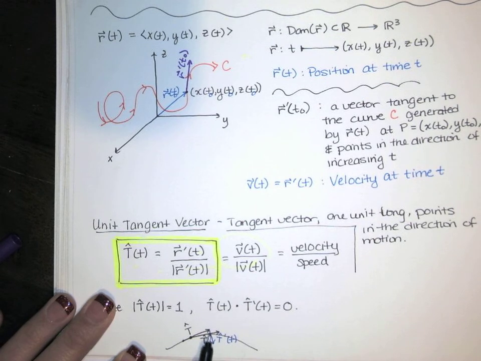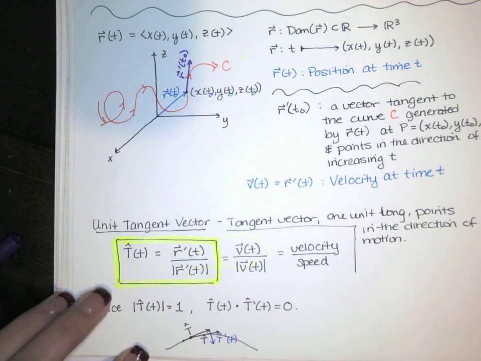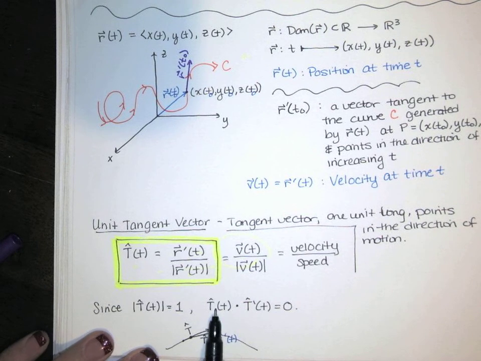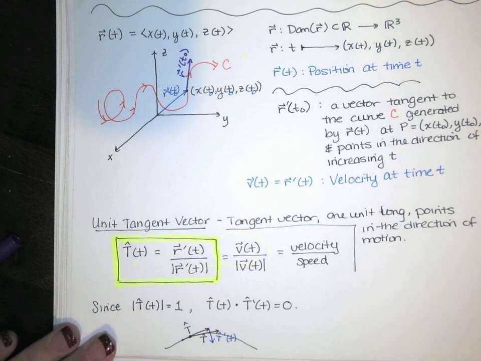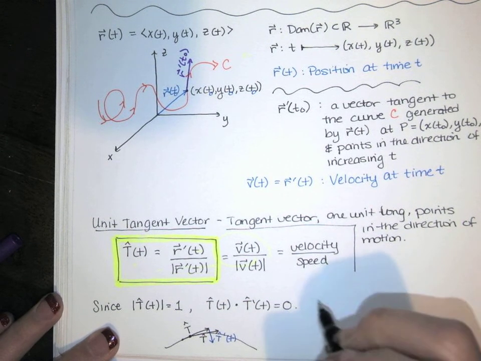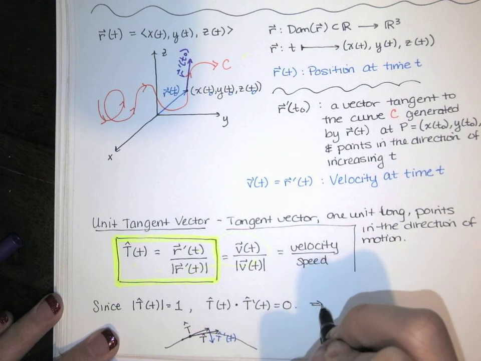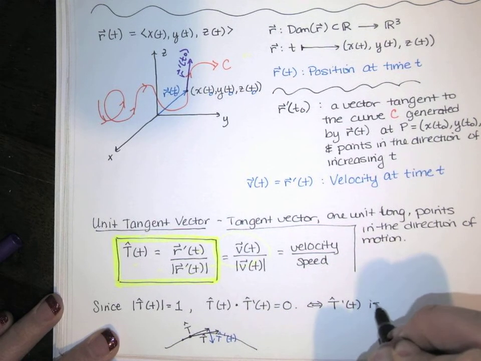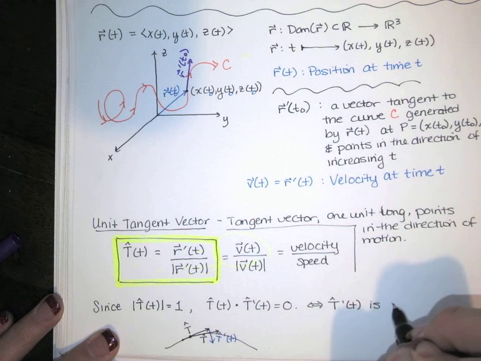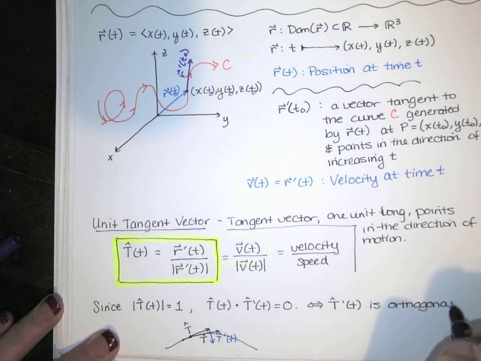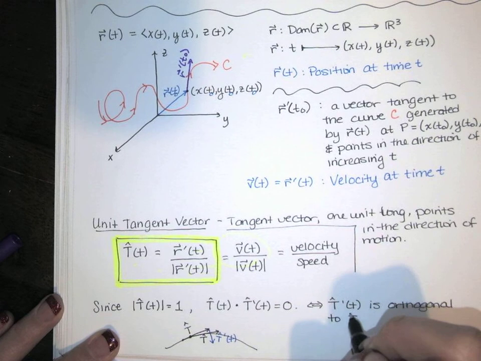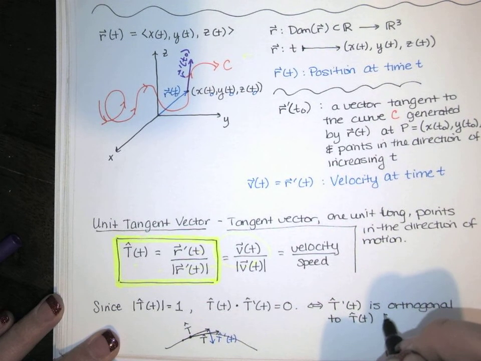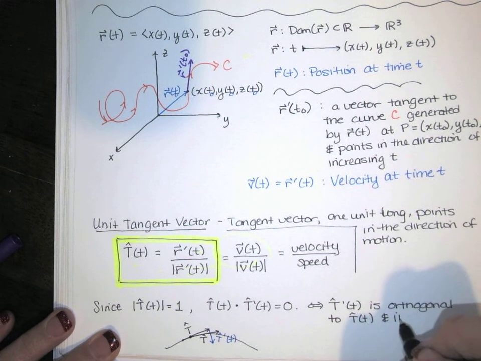So t hat prime is pointing this way. So t hat prime is perpendicular to t hat, and it points in the direction that we're turning. So we say that this is orthogonal to t hat. And it points in the direction that we're turning.